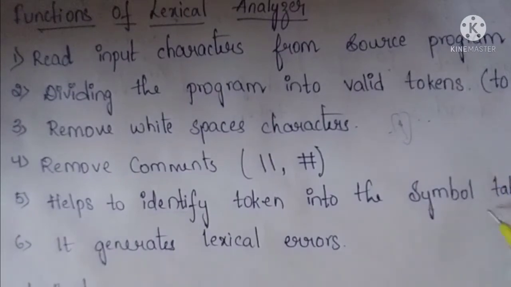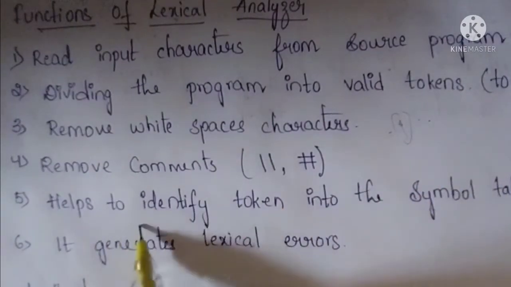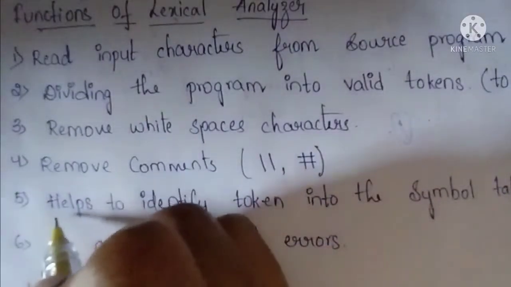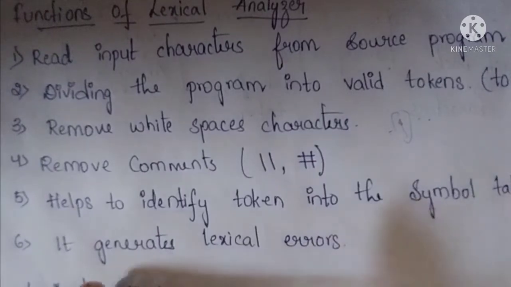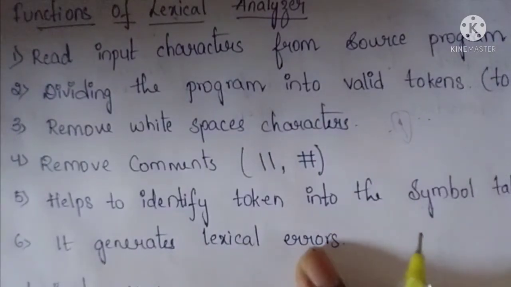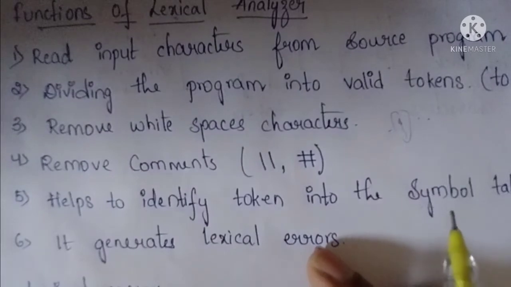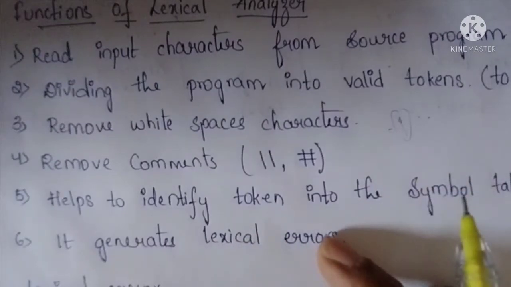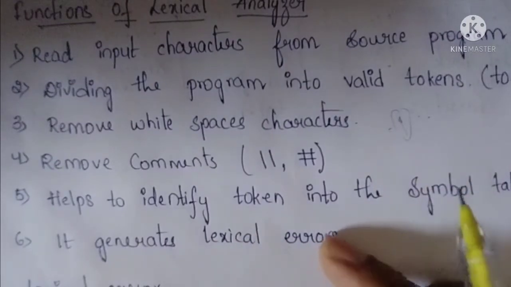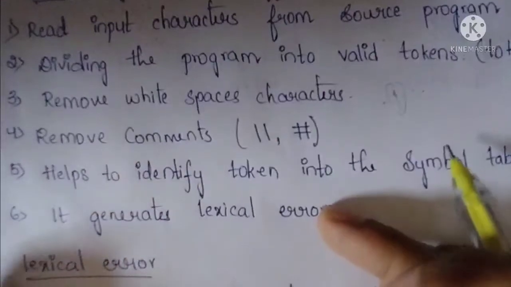It also generates lexical errors. If we face any errors in the lexical analysis process, those lexical errors are also handled by the lexical analyzer. So we will see what types of lexical errors there are.